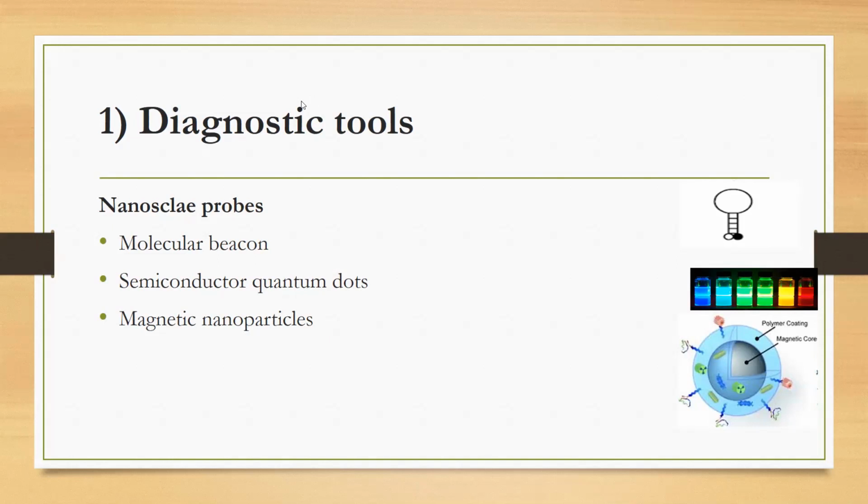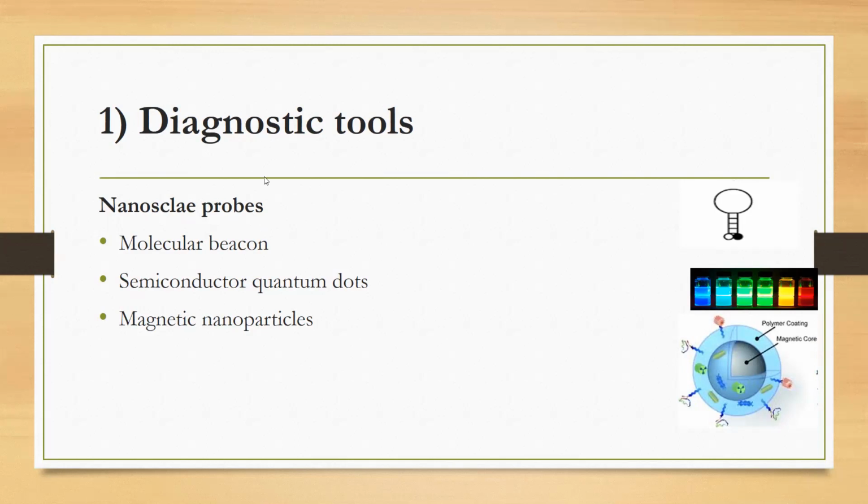So similarly, we can use nanoscale probes as well. Nanoscale probes are used in order to specifically detect the cells, in order to specifically detect the genes, in order to specifically detect those fatty acid buildups that are developed in the blood circulation system, so that these cardiovascular diseases could be diagnosed.